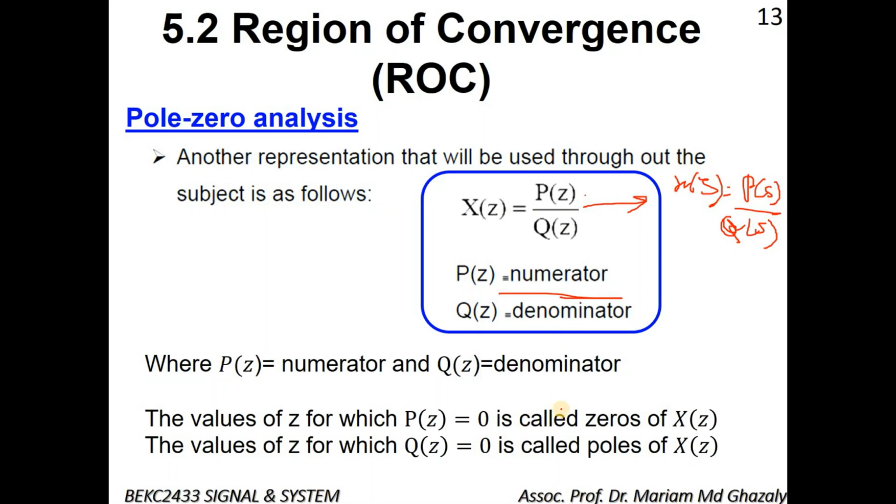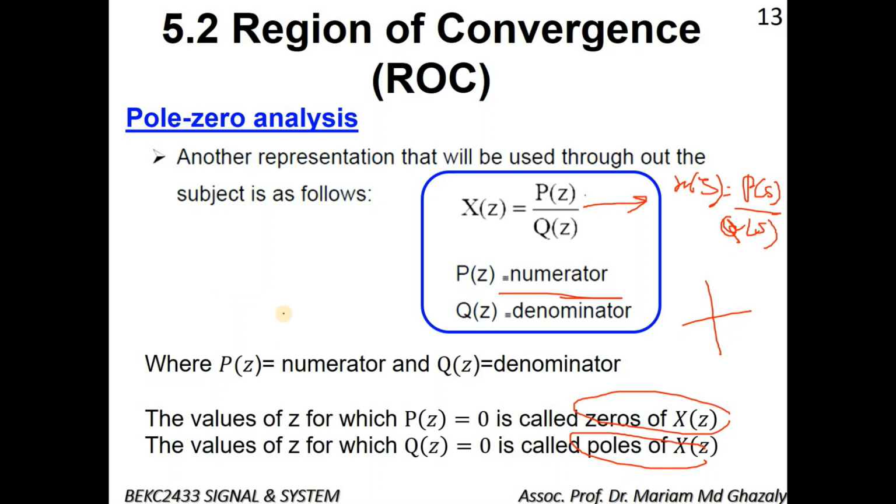The upper part gives the zeros of X(s), and the lower part, the denominator, gives the poles. This is where, when you plot, you find the stability of the system or signal using the Laplace transform. You can plot it in the root locus manner, using the zeros and poles here.